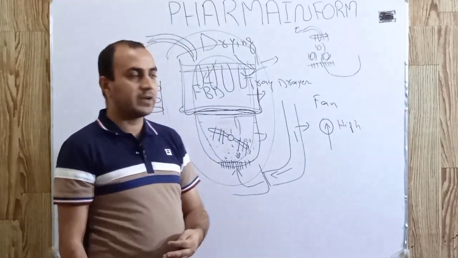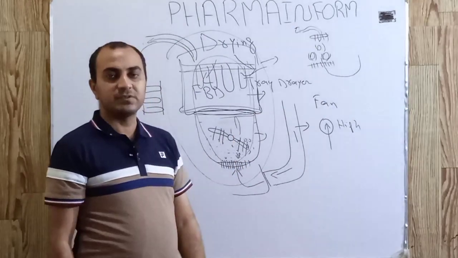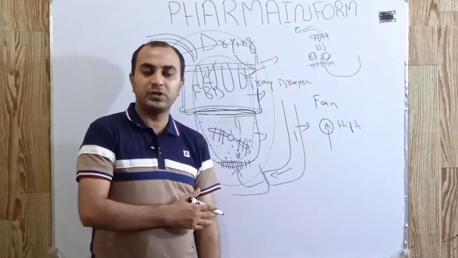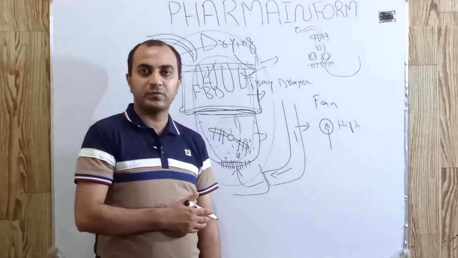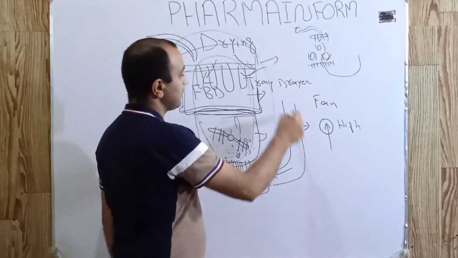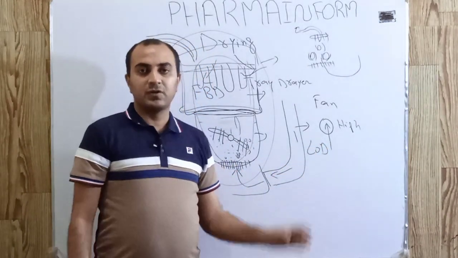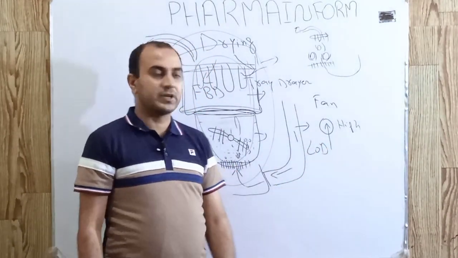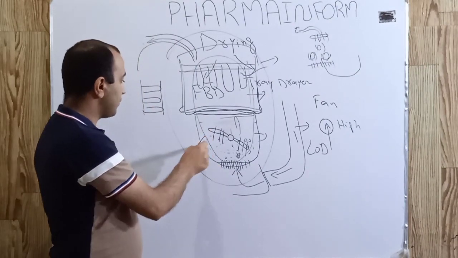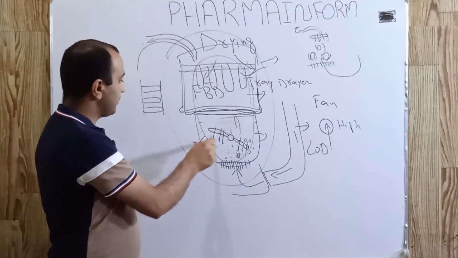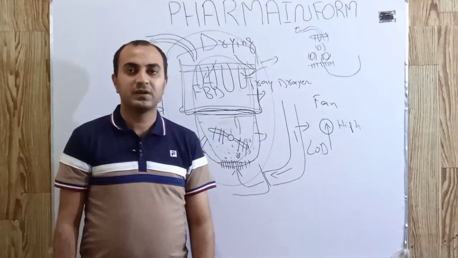But how do we know that our product is dried? For this we check LOD, or loss on drying, for our product. For taking a sample, a pot is attached to the product trolley of the FBD.